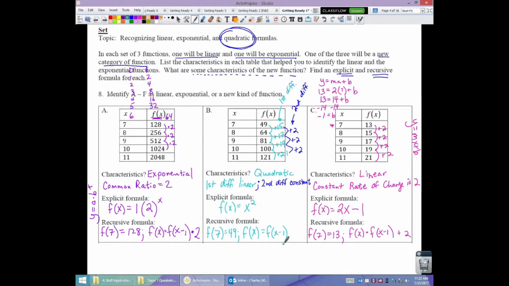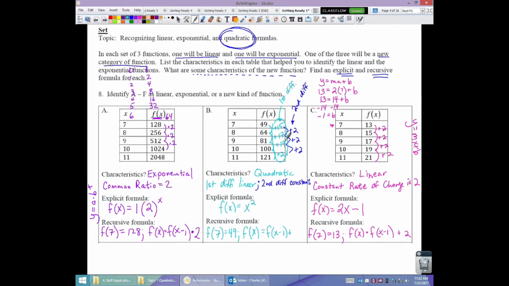We don't just add the same number every time. We don't just multiply by the same number every time. What we are adding is actually a linear pattern itself. So we are going to add, and what you will put after that f of x minus 1 is the linear formula, the mx plus b, that represents these numbers 15, 17, 19, 21.